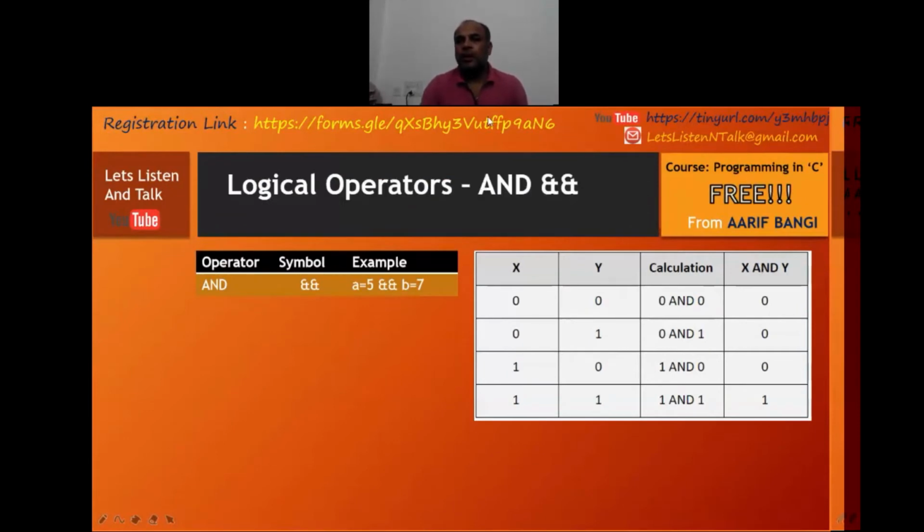Now tell me, what are the maximum outputs that will be given by this logical operator, ampersand? How many outputs will x and y give me at any moment?